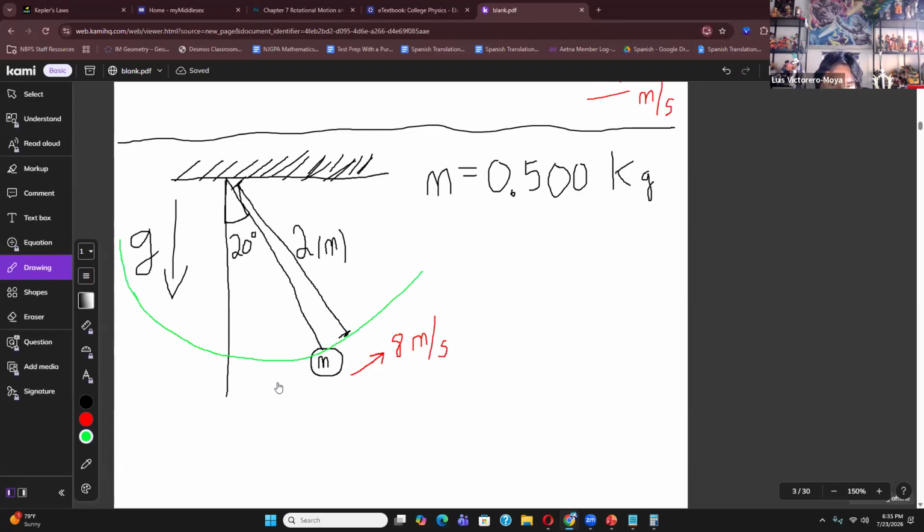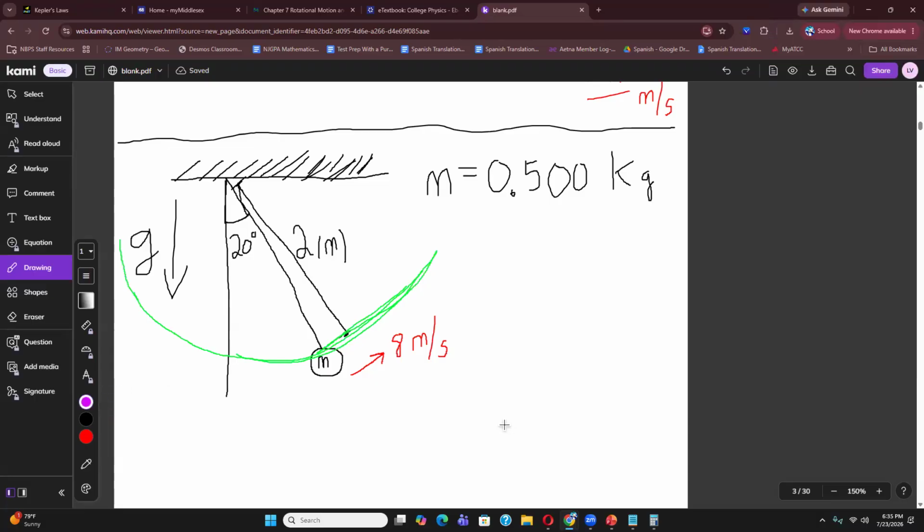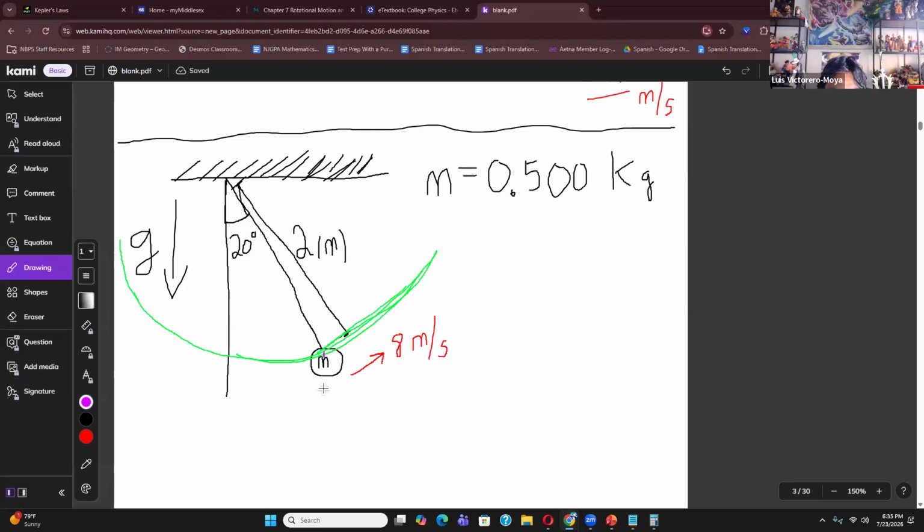It should be all the way here, right? But this is an arc of the circle. So what forces are acting on the mass? mg. Yeah, so you draw it like this. What else?